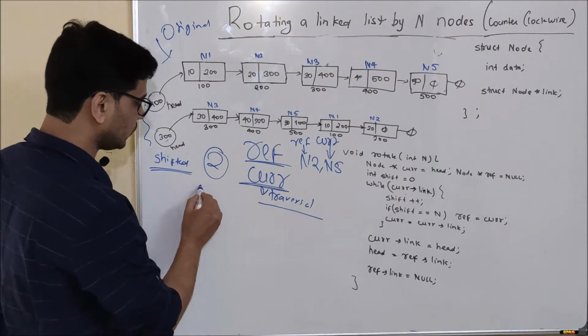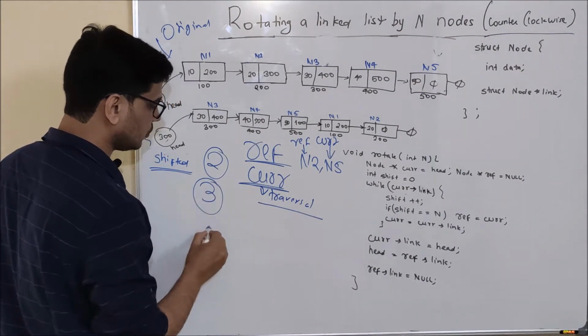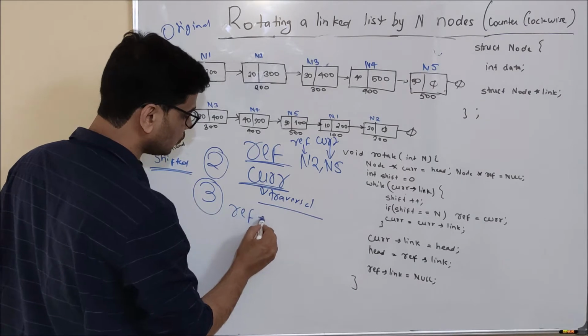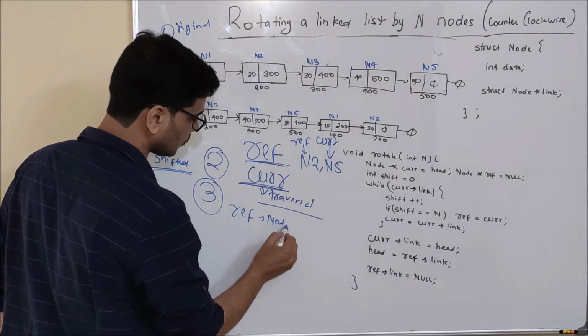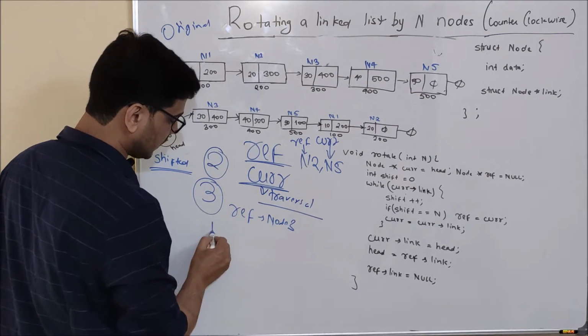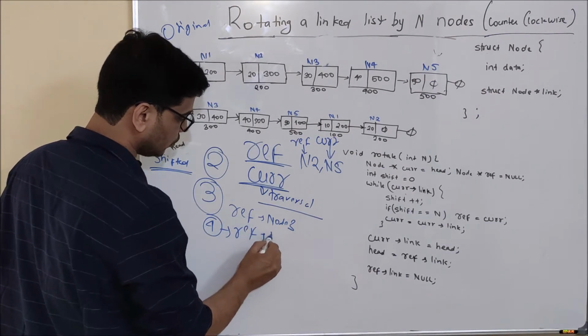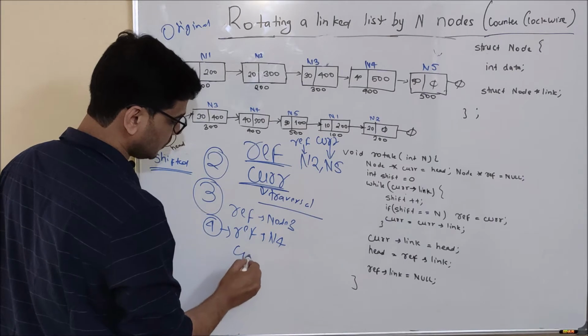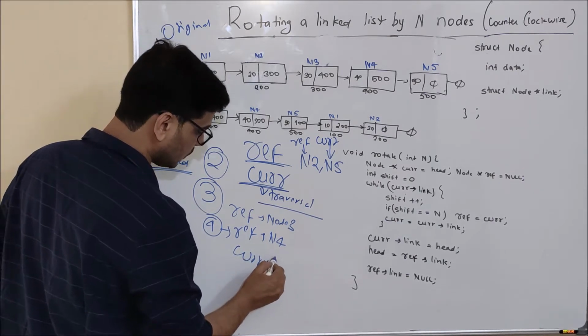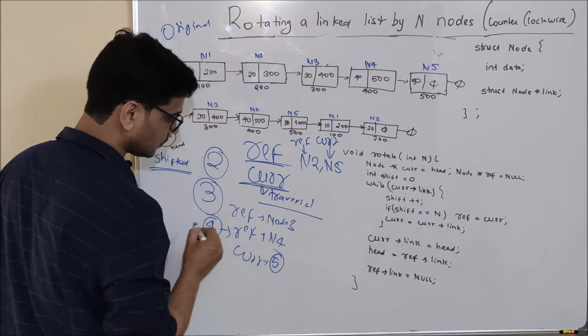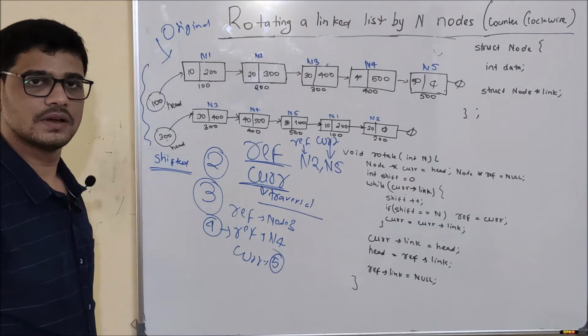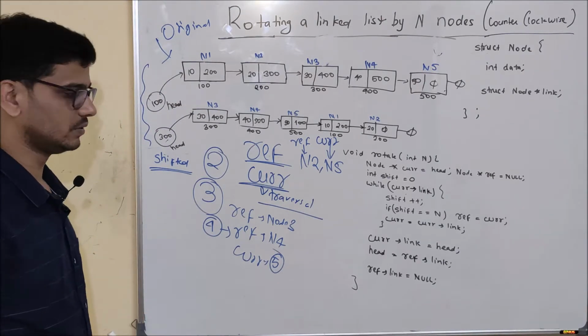And suppose I want to give it a shift of 3 nodes, then reference will point to node 3. And if I want to give it a rotation of 4 nodes, reference will point to node 4 and current will point to the last node.